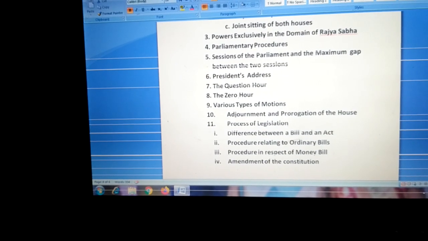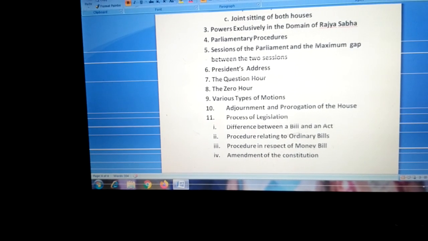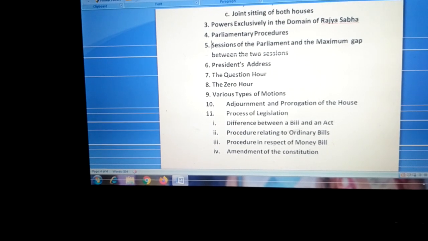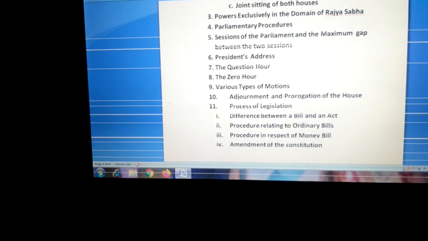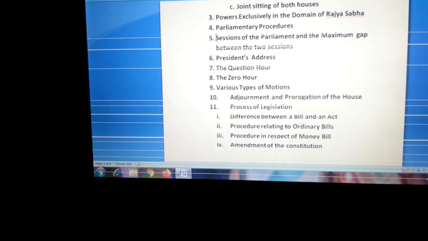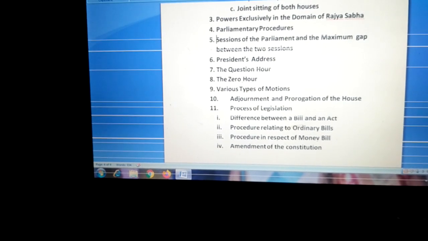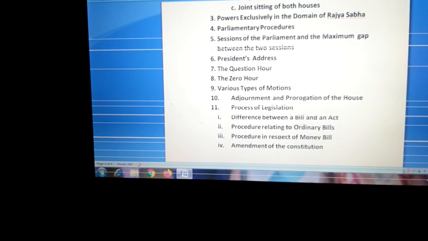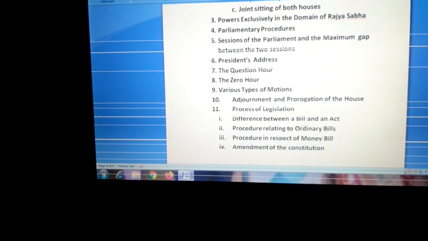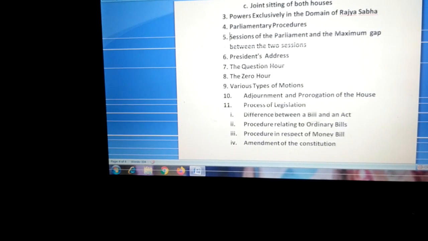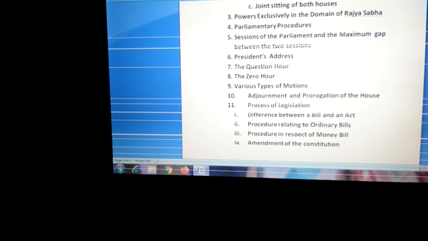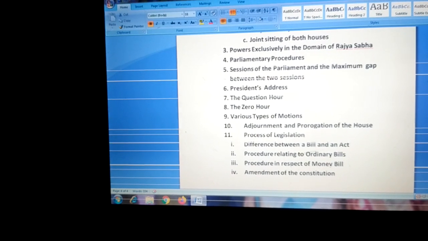This type of question. And what are unstarred questions? These questions do not carry an asterisk mark. Answers to them are given in written form. No supplementary question can be asked thereon. So, a supplementary question may be asked in a starred question, but in an unstarred question, you cannot ask any supplementary question.